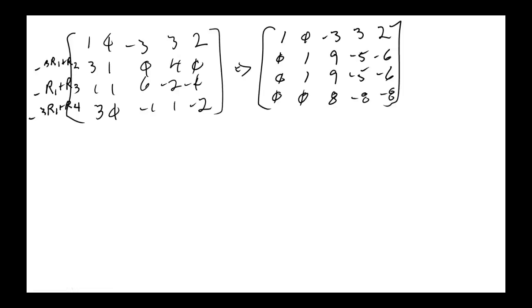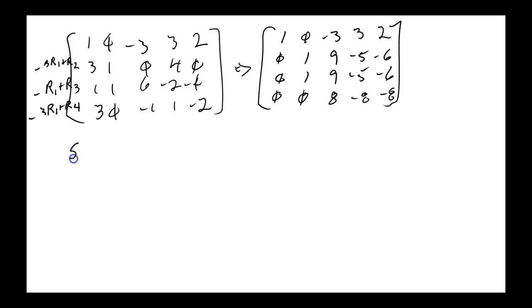Except that row 3 disappears, so I would move it to the bottom. Okay. So your basis, let's say, find the basis for the column space.